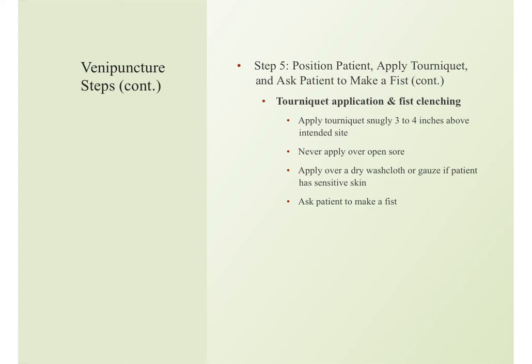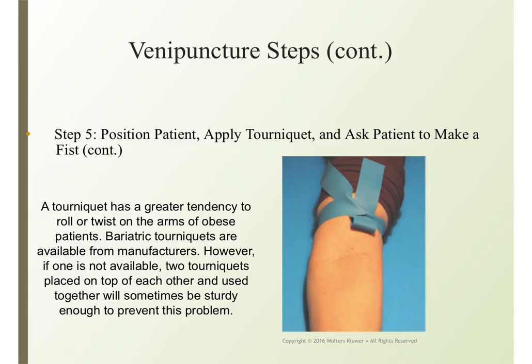Now, the tourniquet is not supposed to stay on longer than 1 minute officially, because it can cause hemoconcentration, and a lot of other problems, okay? So we do not want to leave it on for over a minute, okay?